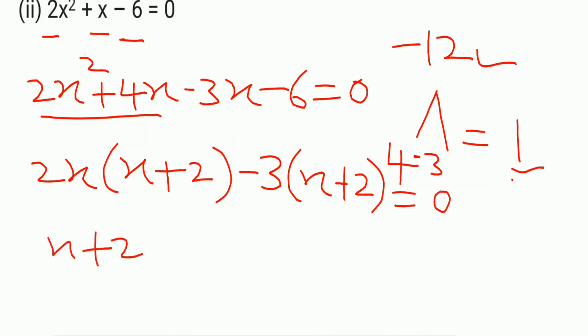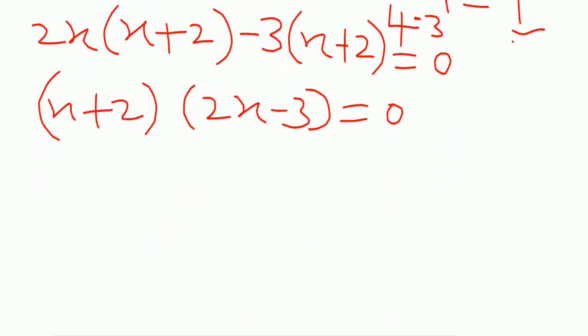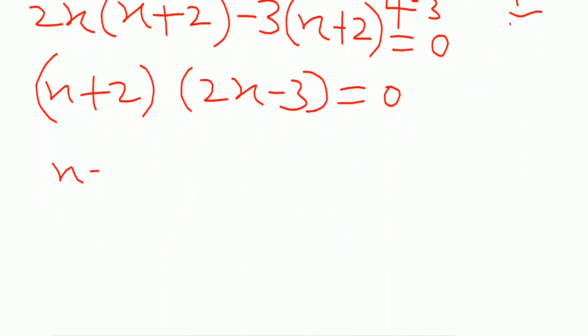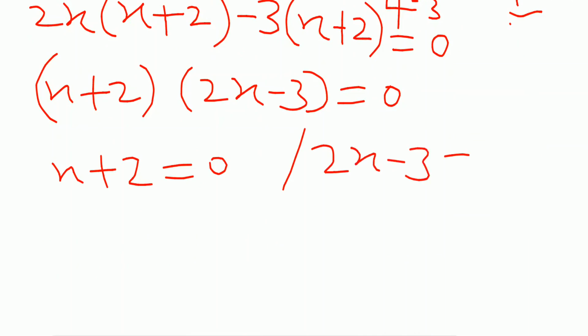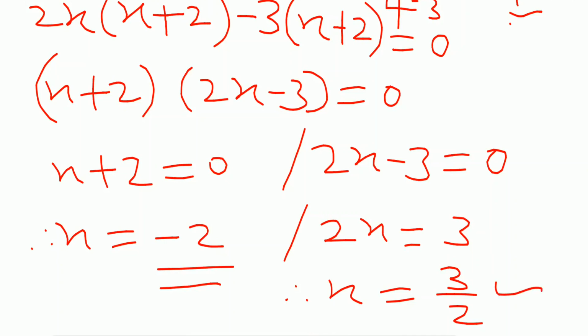Now x plus 2 in one bracket and 2x minus 3 in the another bracket. Each bracket I will compare with 0 now. X plus 2, which is equal to 0, and 2x minus 3, which is equal to 0, x, which is equal to minus 2, and 2x, which is equal to 3. So finally x is equal to 3 by 2. Correct? So these two values are the roots of the given equation.